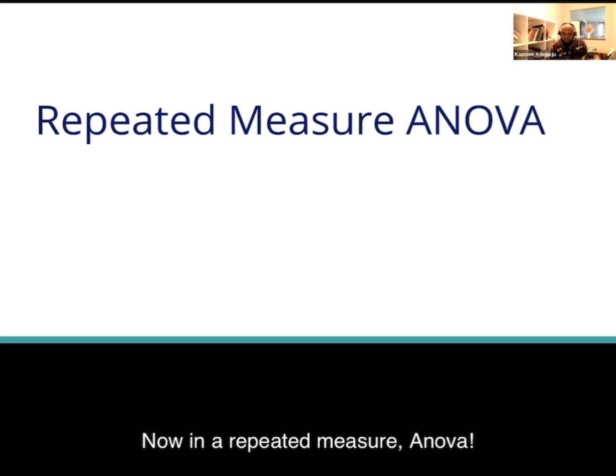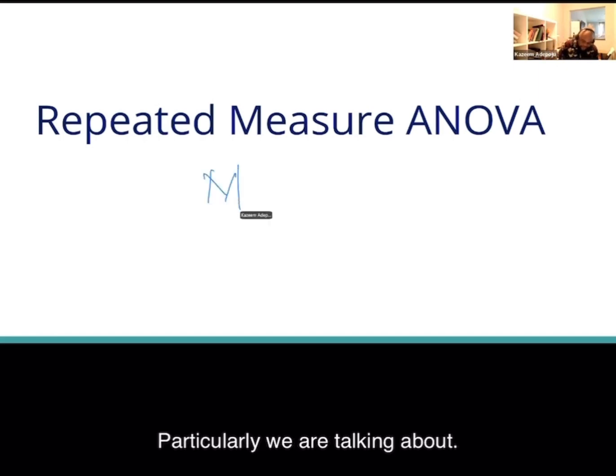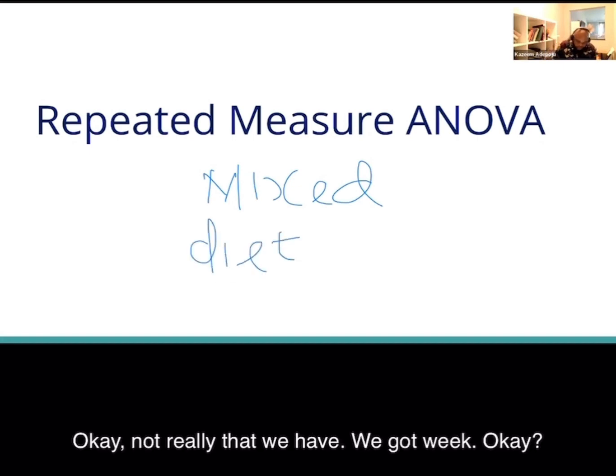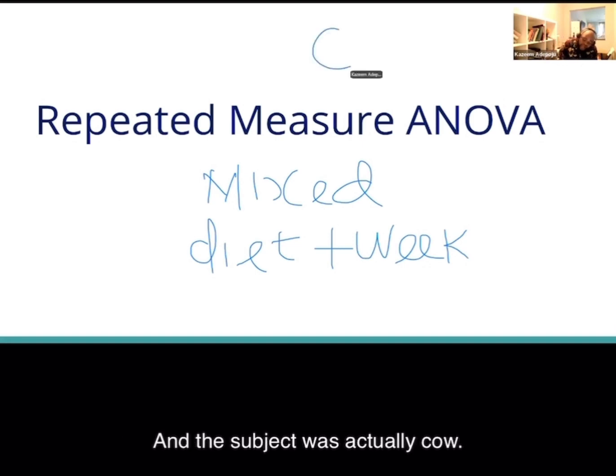Now, in the repeated measure ANOVA, particularly when you're talking about mixed, I remember a question where we're looking at the effect of diet, and not only that, we have week, and the subject was actually cow.